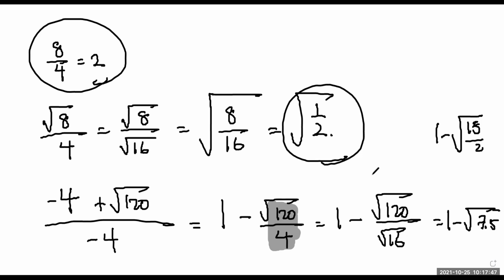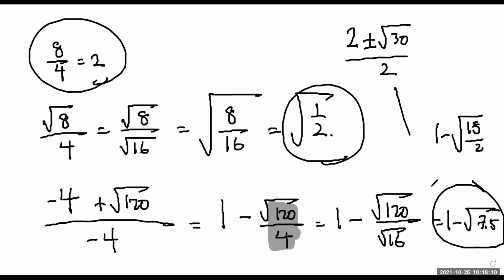You know how I said I got 2 minus 30 over 2? Okay. It equals the same number. Of course. But you didn't reduce it. So the 2 plus or minus root 30 over 2 is correct. It's the same as what I have here. It's the same thing.